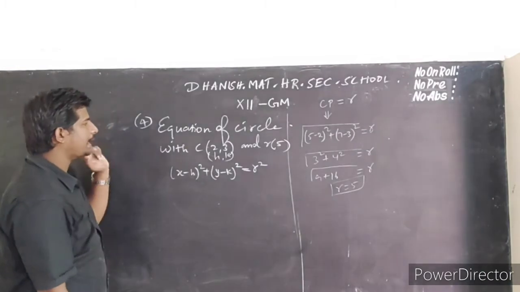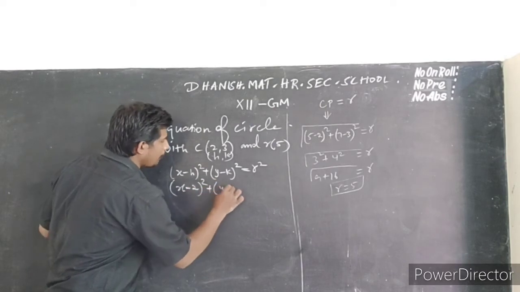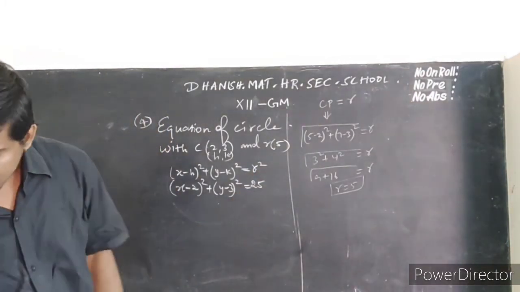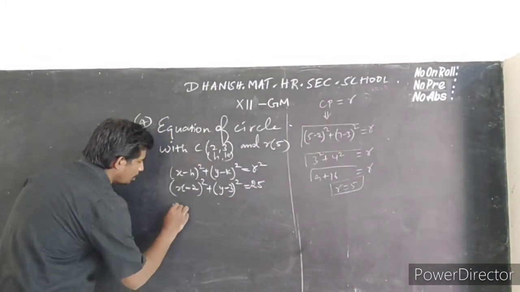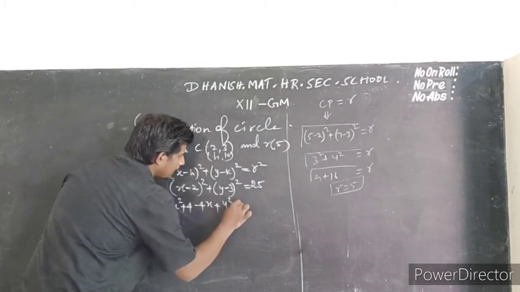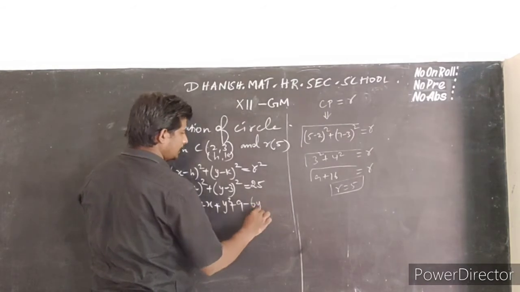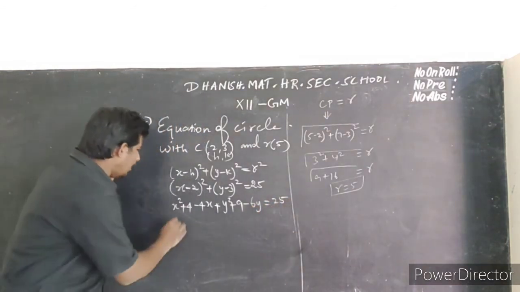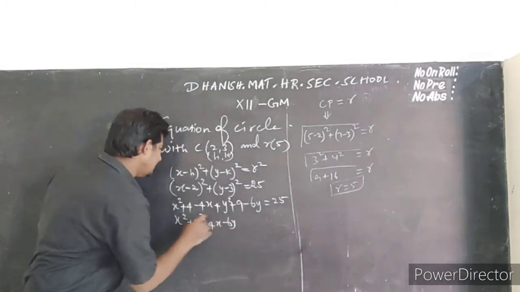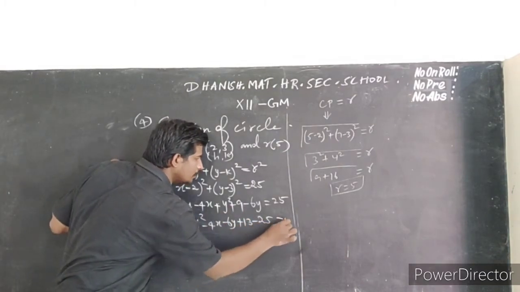Now I'm going to substitute h and k. So (x − 2)² + (y − 3)² = r², and our r² is 25. Now expanding the (a − b)² form: x² + y² − 4x − 6y + 4 + 9 − 25 = 0.